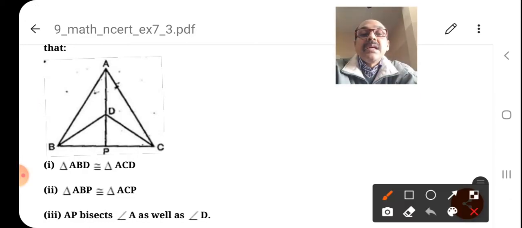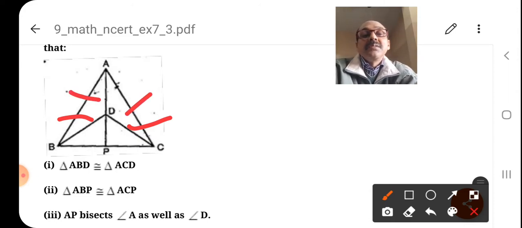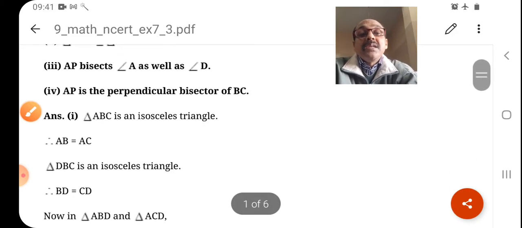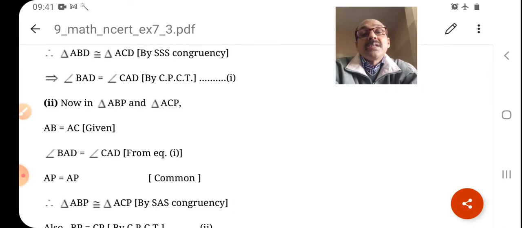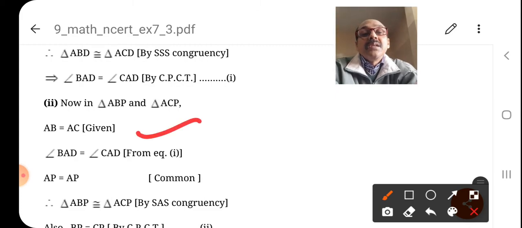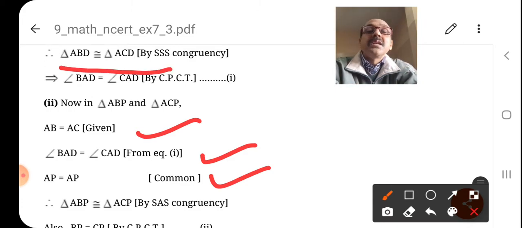So in triangles ABP and ACP, we get number 1, AB equals AC, number 2, AP is common, and number 3, angle BAD equals angle CAD. BAD equals CAD because we know triangles ABD and ACD are congruent, so by CPCT we can say BAD equals CAD.